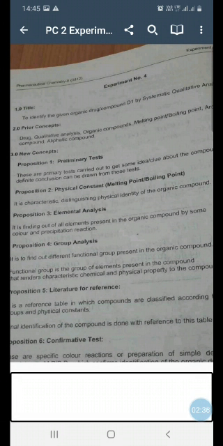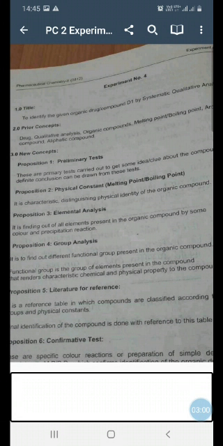So you are temporarily converting the organic compound into sodium salts, so that sodium cyanide, sodium sulfide and sodium halides will be formed if nitrogen, sulfur and halogens respectively are present.